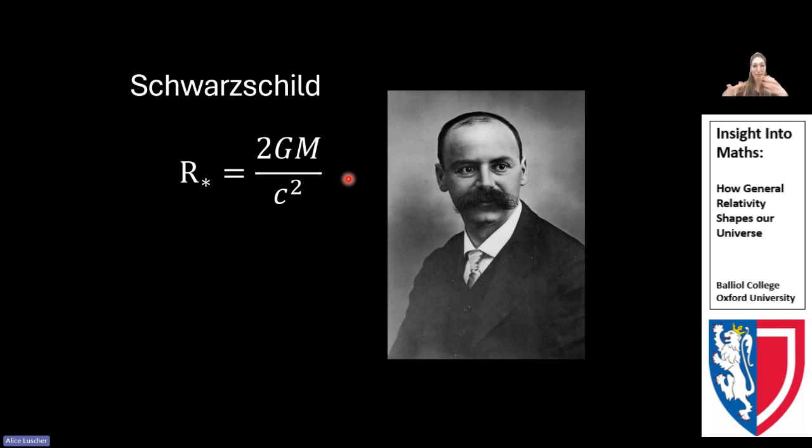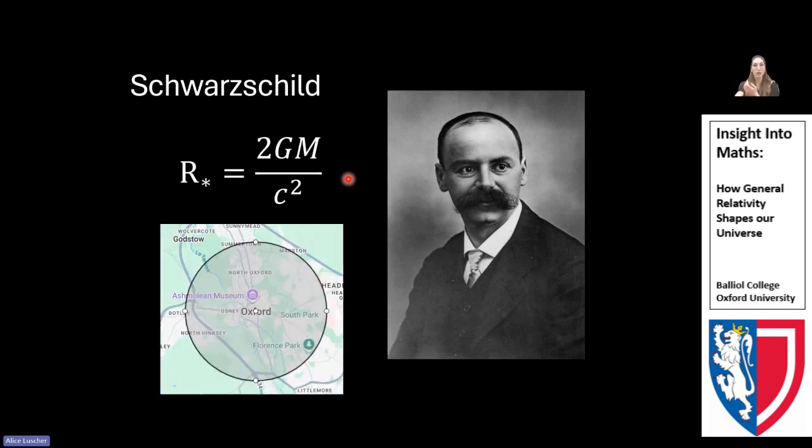So if all the mass is concentrated in a region that is smaller than the event horizon, that's what we call a black hole. And so for example, if I take the mass of the sun, the Schwarzschild radius, the event horizon, is 3 kilometers. So that's what I'm drawing on that map here.